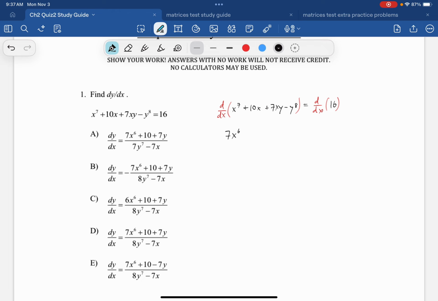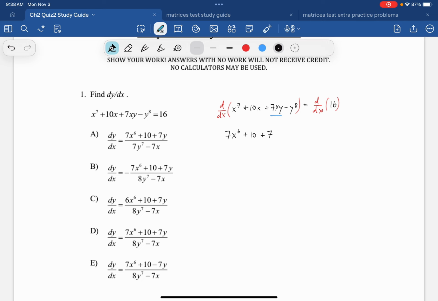Then the derivative of 10x is 10. And then for 7xy here I'm going to use product rule. So the derivative with respect to x, first I'm going to take the derivative of the 7x while leaving the y alone. And so the derivative of 7x is just 7.